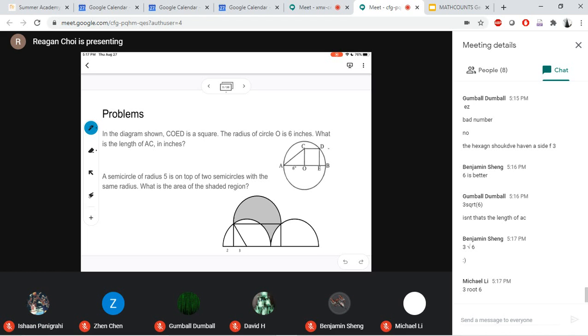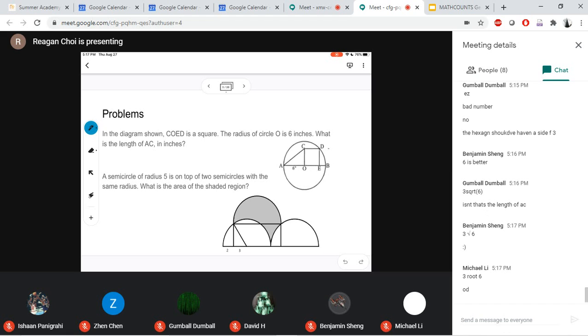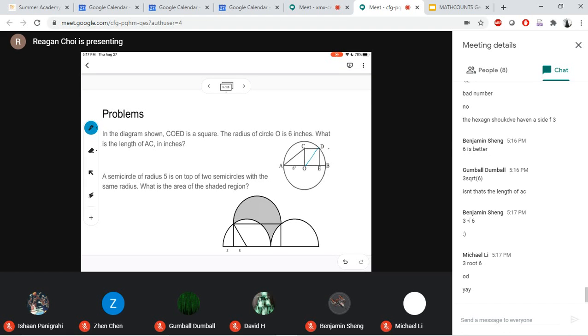The radius. Okay, so hopefully most of you have tried this problem. OD is the radius. And it's a diagonal of a square, so that creates a 45, 45, 90 triangle. So then you get, this is 3√2, 3√2.